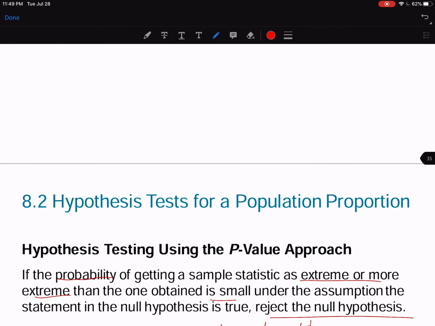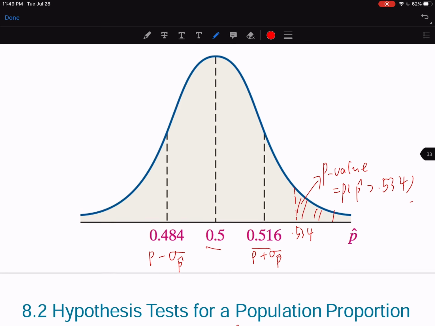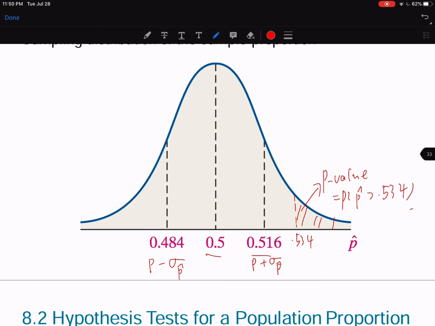The p-value over here represents the probability that p hat is greater than or equal to 0.534, right?